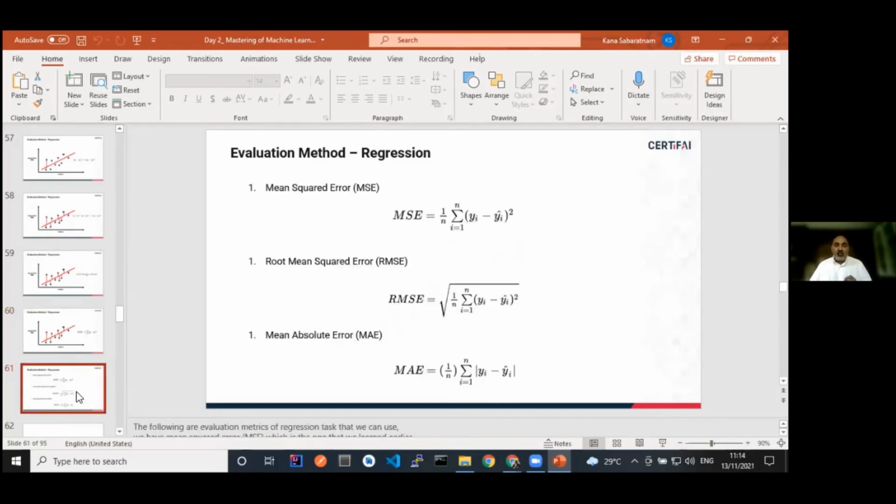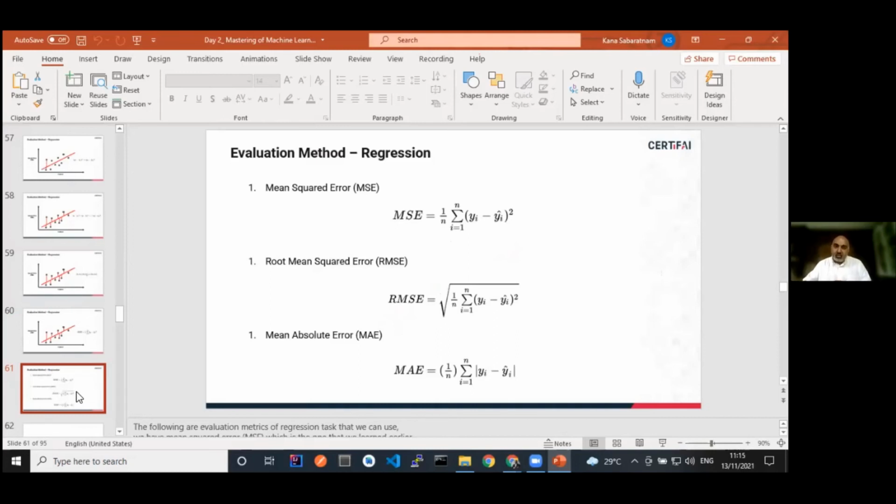Whenever you have a regression problem, regression means continuous value. That means things like house prices, stock prices, phone prices, anything that has to do with price or time is called continuous. When you want to solve a continuous value problem, we have to use a regression method, and every method has got an evaluation method.